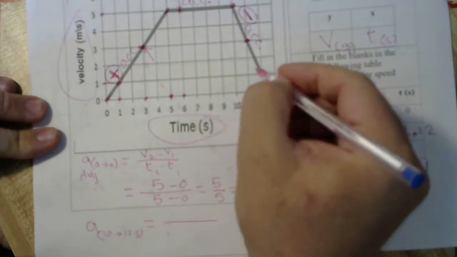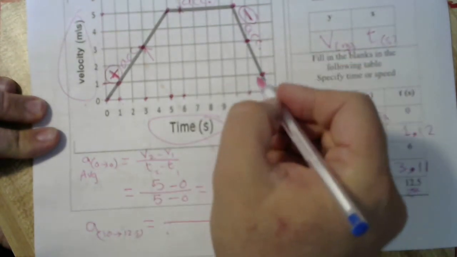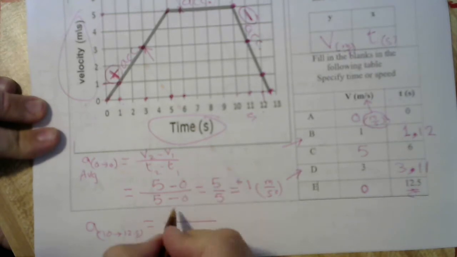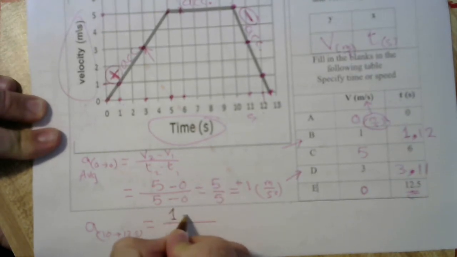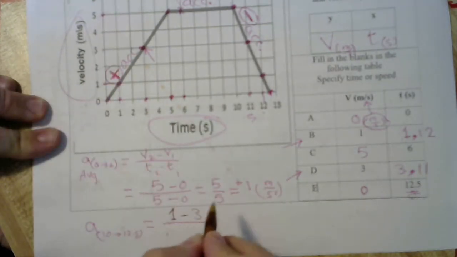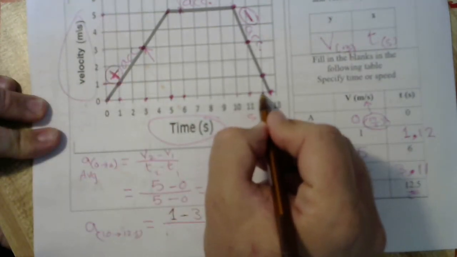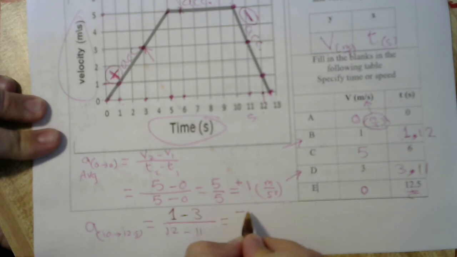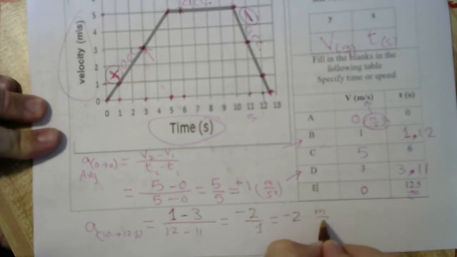The acceleration is equal to v2, I will take this, and v2 is equal to 1, minus v1, which is 3, divided by the difference in time, which is 12 minus 11, which is equal to 1 minus 3 is minus 2 over 1, which is minus 2 meters per square second.